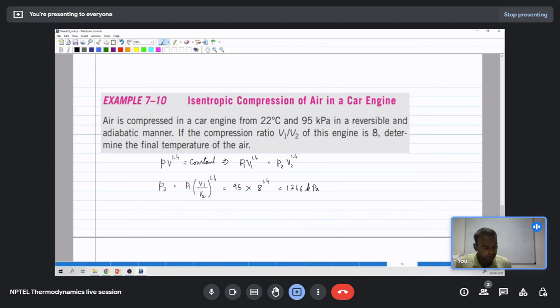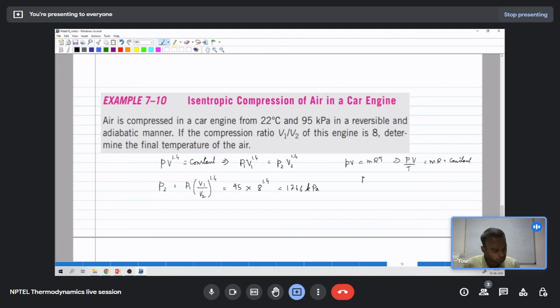To calculate the final temperature, we can use the PV equal to mRT relation. Here R is known, but m is not known for the system. So we can write this expression as PV by T is equal to mR, which is constant during the compression process.